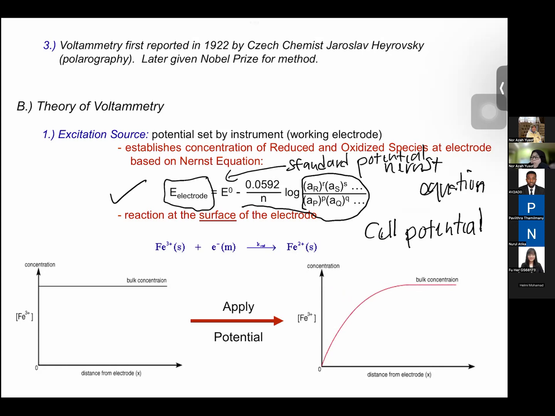All right. So now if we look at what happened, the example of the analyte is, let's say, ferrum 3 plus. So you can see the reaction is reduction or oxidation? Anyone?